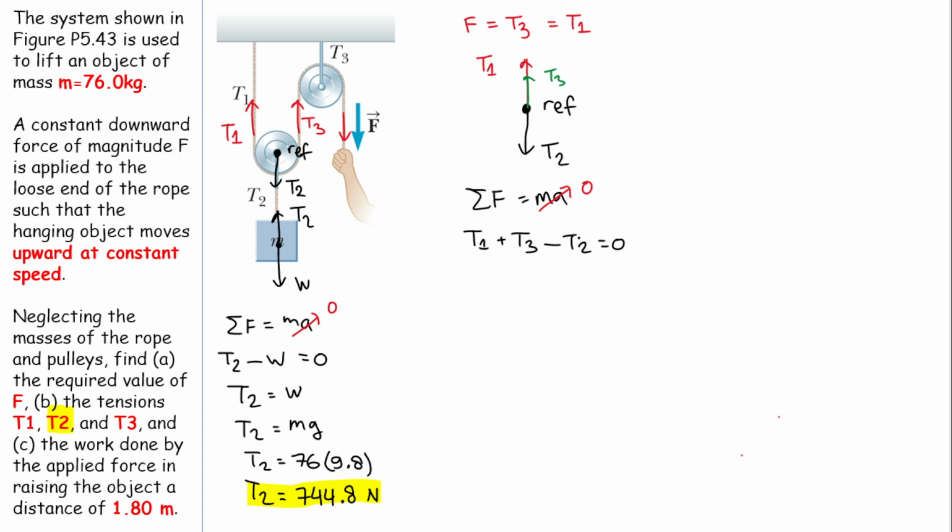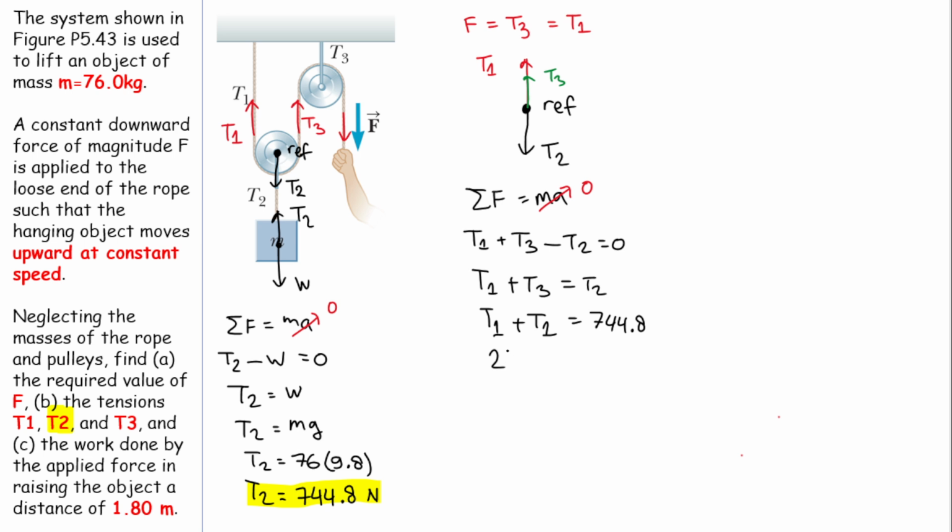Because we know T2, let's move it to the right-hand side. So I'll have T1 plus T3 equal to T2. But T3 is equal to T1, so I will have 2T1, and T2 here is 744.8.